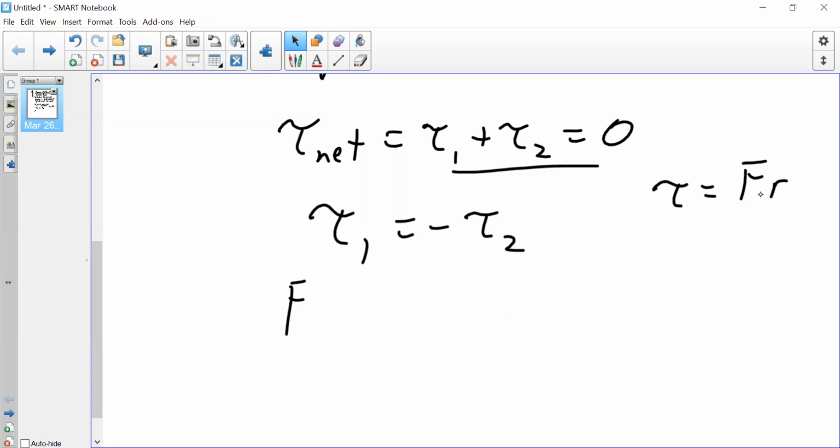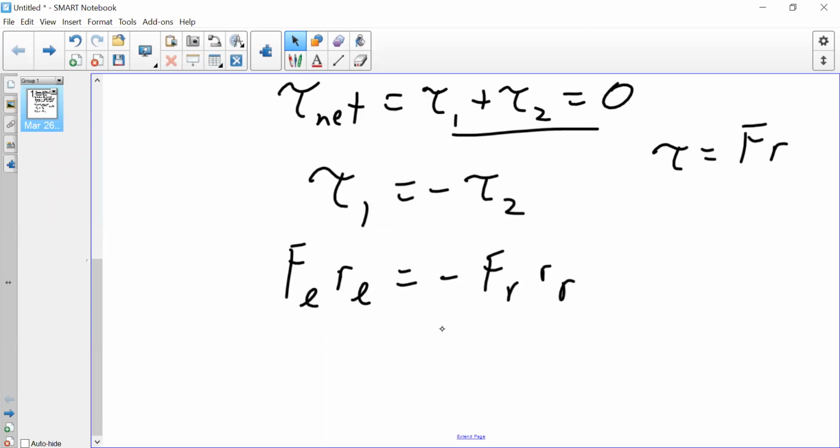The force must be perpendicular to the radius, but this is our basic equation. On the left side, we're going to call it left force times left radius, equal to force on the right and the radius on the right.